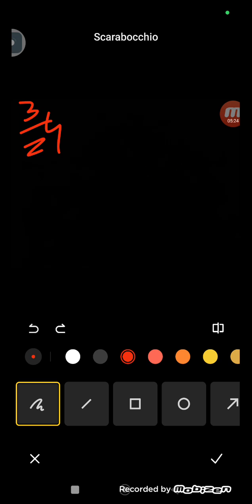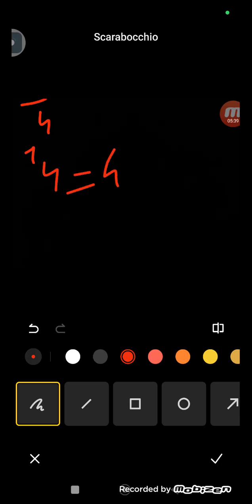I hope you understand. Let's write it here in the corner. First we look at the value of 4. 4 tetrated to 1 is 4. 4 tetrated to 2 is 256. So there must be a middle one.